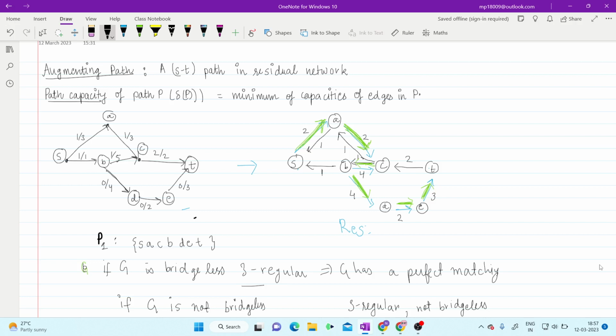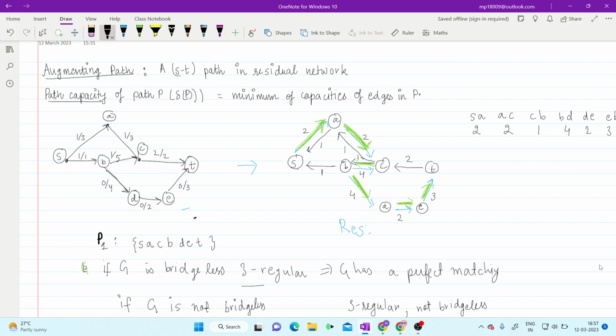Once we have found the augmenting path, SA, AC, CB, BD, DE, and ET, you write down the capacity for each edge. So it is 2, 2, 1, for BD it is 4, for DE it is 2, and for ET it is 3.